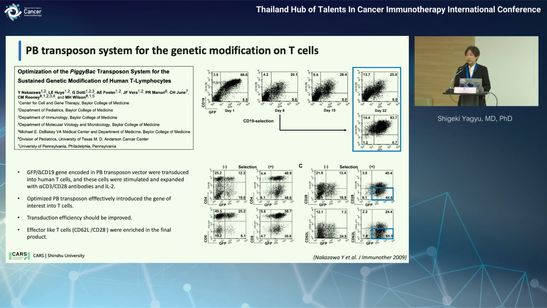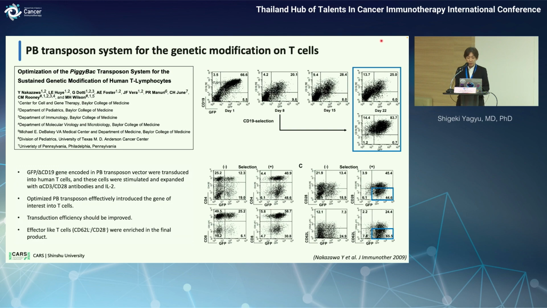Over 10 years ago, our team leader, Dr. Nakazawa, first started to apply the piggyBac transposon system for the genetic modification of T cells. In this study, he introduced GFP and delta CD19 genes into T cells by piggyBac transposon.